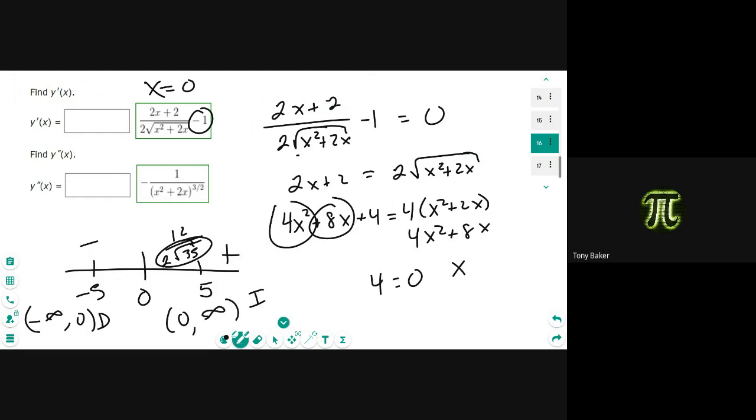Oh wait, for mine it says y does not equal 1 for the horizontal and vertical asymptotes. Yeah. So your horizontal asymptote is y equals 1, and it's saying that it's not. Hold on.